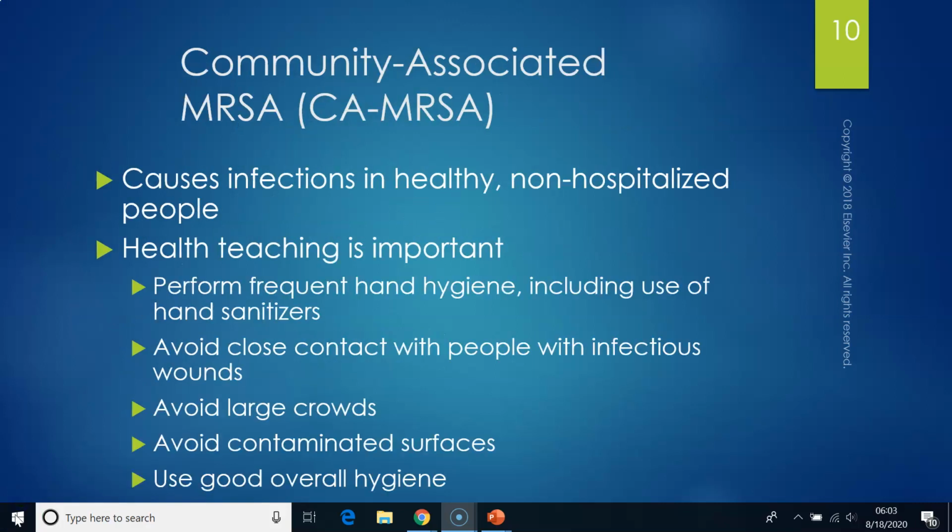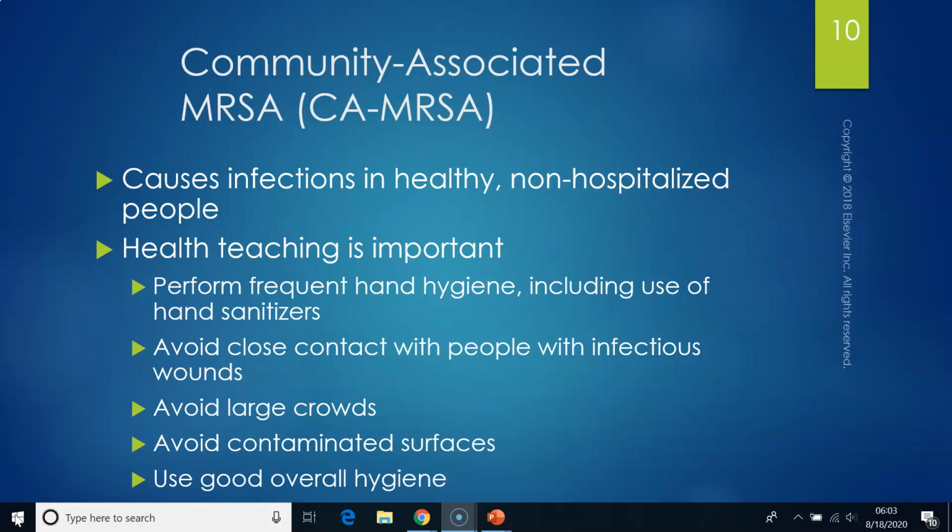Now, I already talked a great deal about the community-associated MRSA. Remember that it causes infections in healthy, non-hospitalized patients. But it's important that we talk about hand hygiene and avoiding close contact with people with infectious wounds.